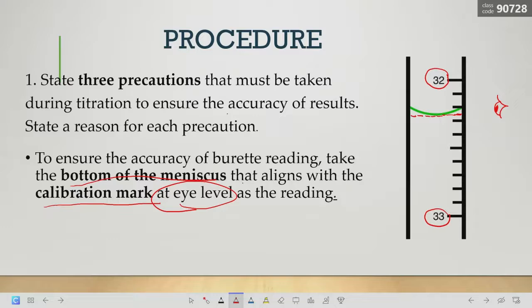Okay, 32. The burette reading you have to know is, it gives two decimal places. For example, if you have 32, it is 32.00. So here you have to look, the eyes must be parallel from here. So 32, 32.1, 32.2, 3, 4, 5. Okey, yang tengah ni jadi maksudnya 32.50.